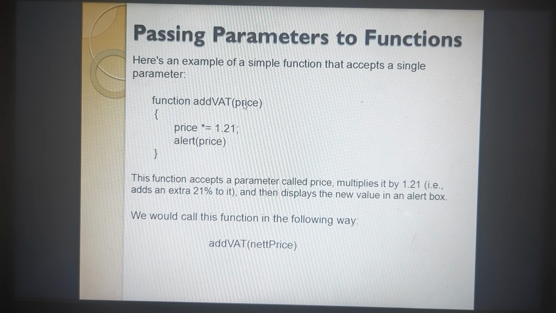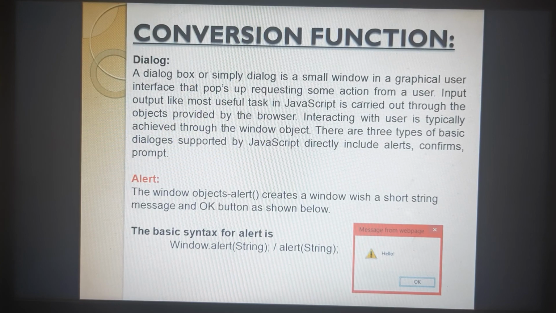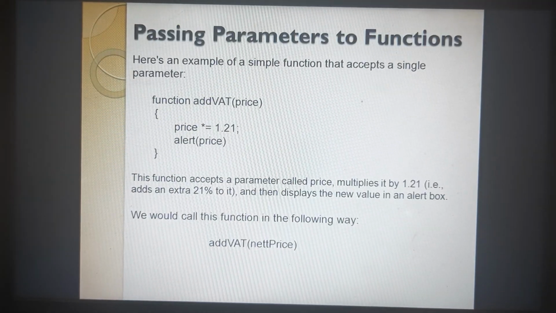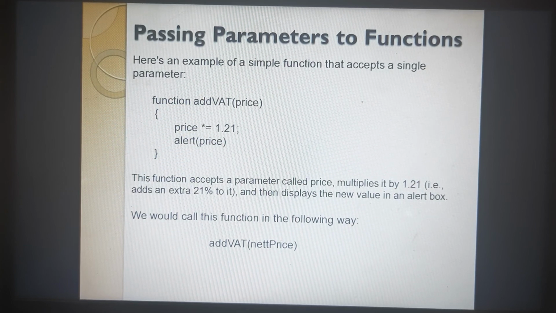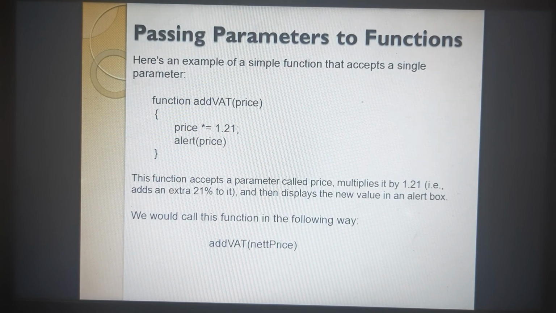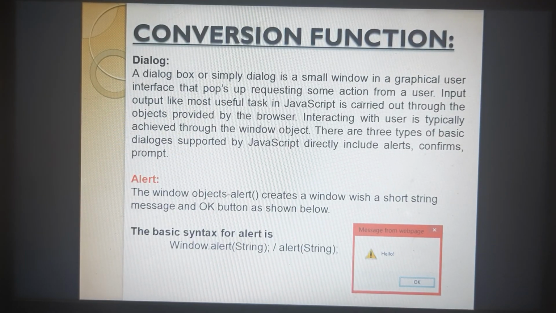The value of the net price is copied into price, and price is getting executed over here in the function body. So these are the examples of predefined functions and user defined functions.